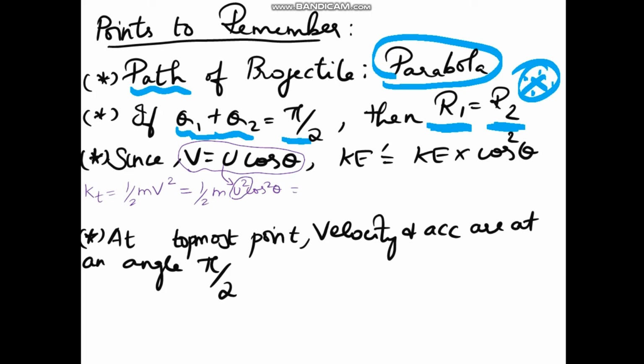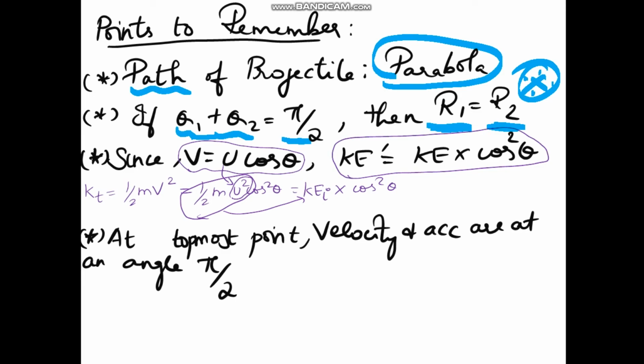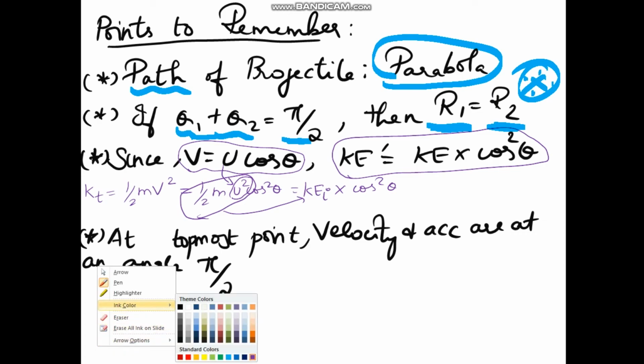This is the initial velocity, so I can say the kinetic energy is the initial kinetic energy into cos square theta. This is also an important equation that you must remember.